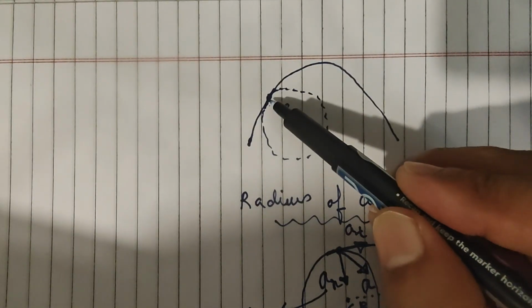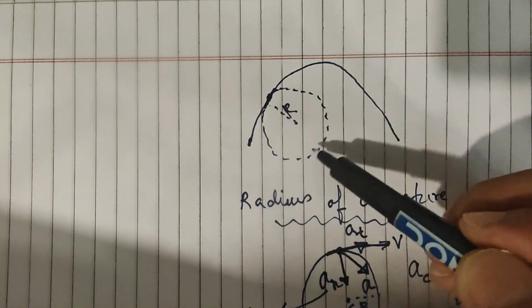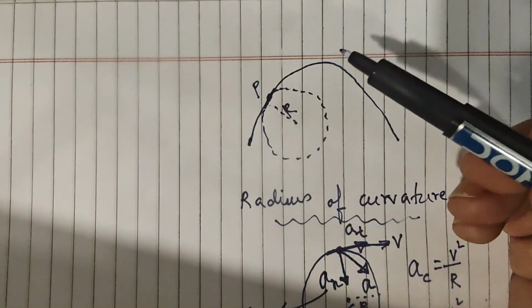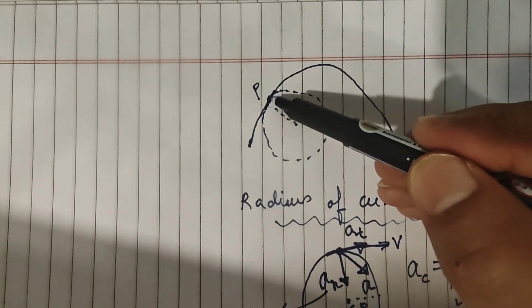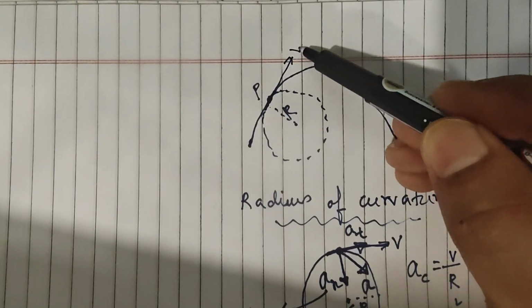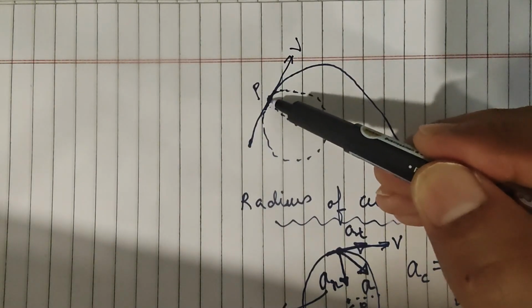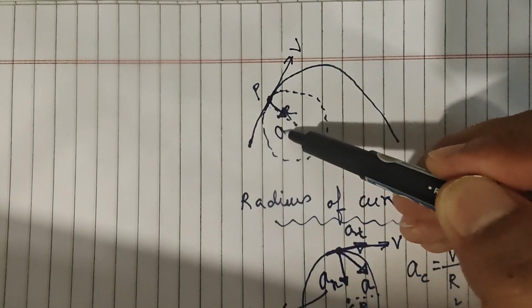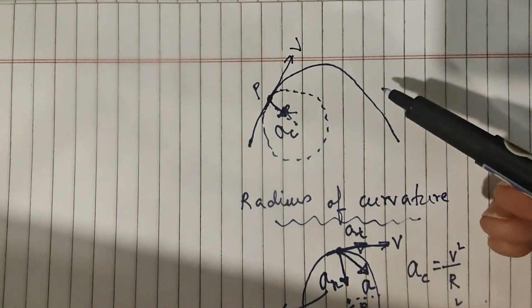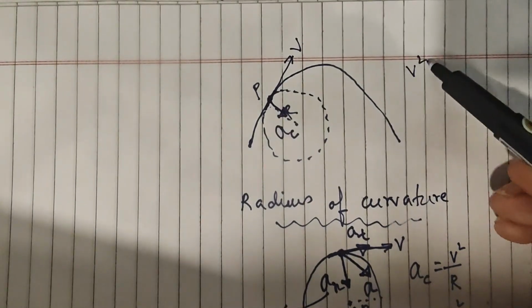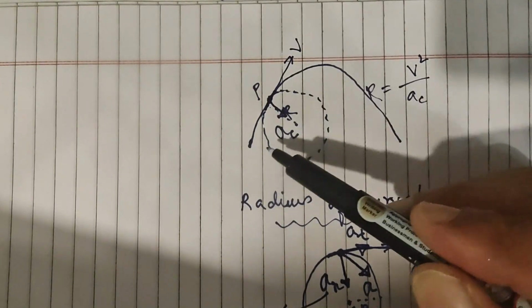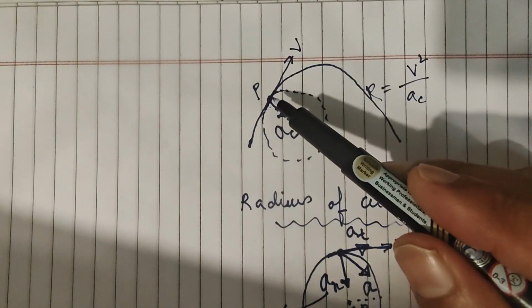So, if you want to know the radius of curvature, this is called the radius of curvature at this point P, let's say, then what you should do? Just find the velocity here, find the acceleration which is perpendicular to velocity, which is centripetal acceleration, then divide v squared by a_c. That would be the radius of curvature of this parabola at this point.